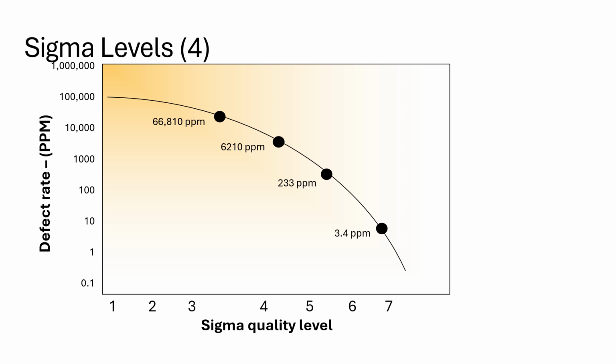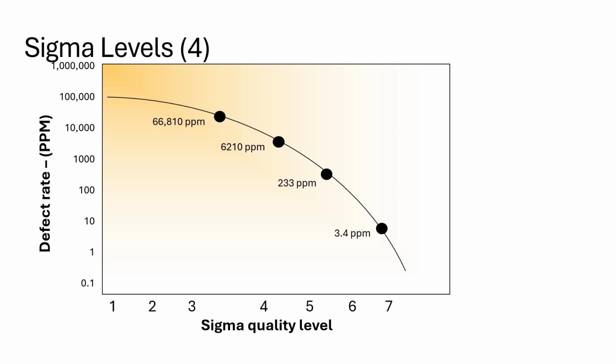But see how that number plummets down when you're between a 5 and a 6 sigma level. So let's say it's about, I would measure it at about 5.5 sigma level. There would only be 233 rear view mirrors that are defective out of 1 million. We're getting better. But closer to a 6 sigma level, there would be only 3.4 defective rear view mirrors out of 1 million produced. So as an entity, what should you be striving for?